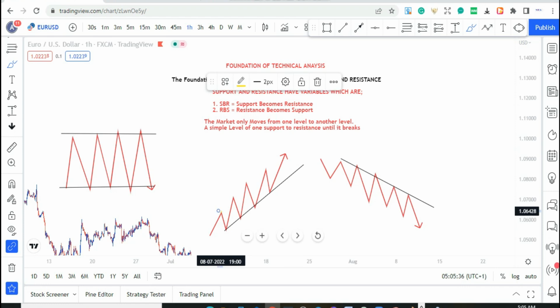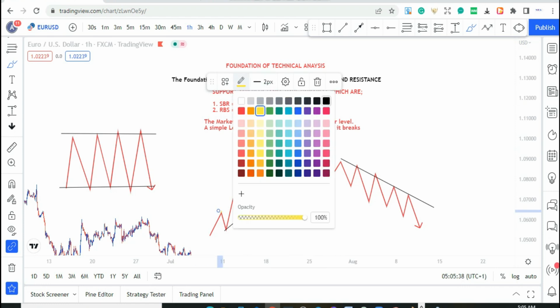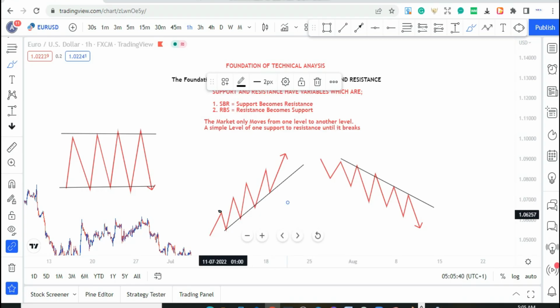Let's darken this. See the market. All these things I'm marking are levels of resistance. So the market will move from one level of support to a level of resistance.